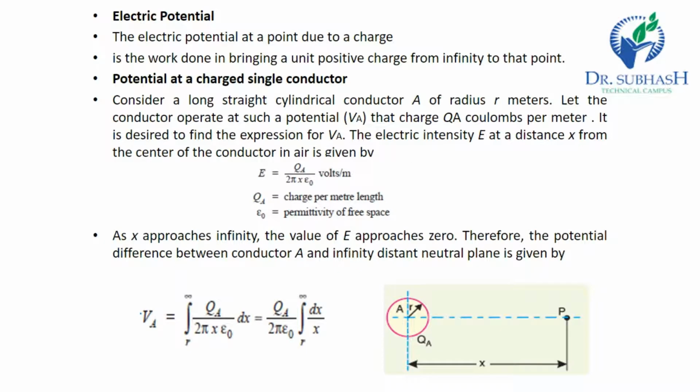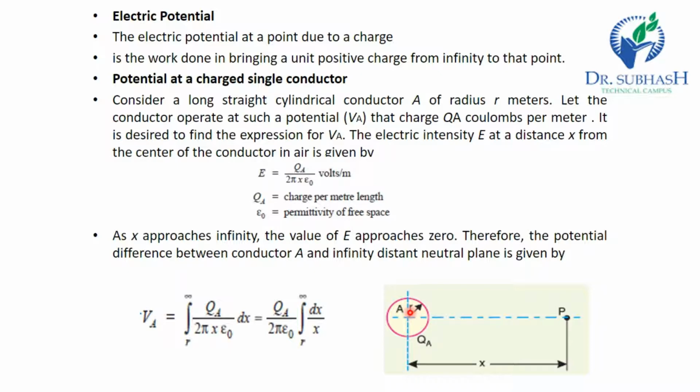Now, electrical potential. The electrical potential at a point due to a charge is the work done in bringing a unit positive charge from infinity to this point. So, potential due to charge on a single conductor. Consider a long straight cylindrical conductor A of radius r meters.